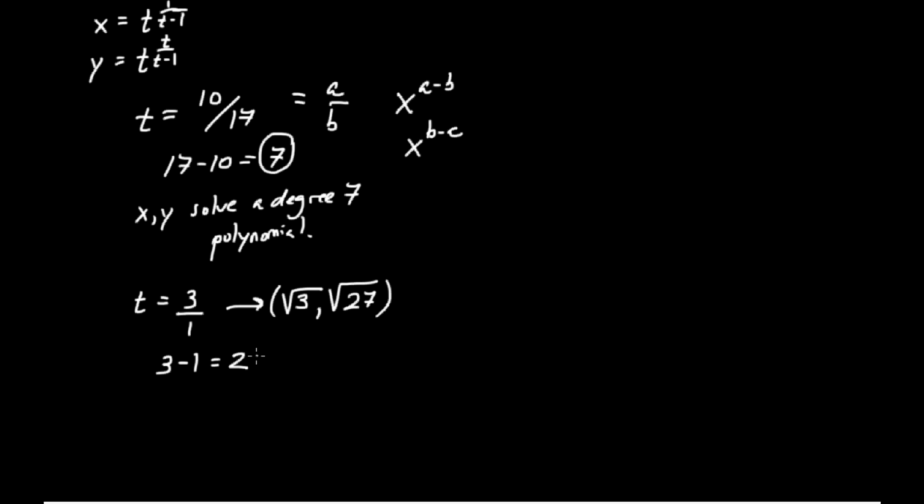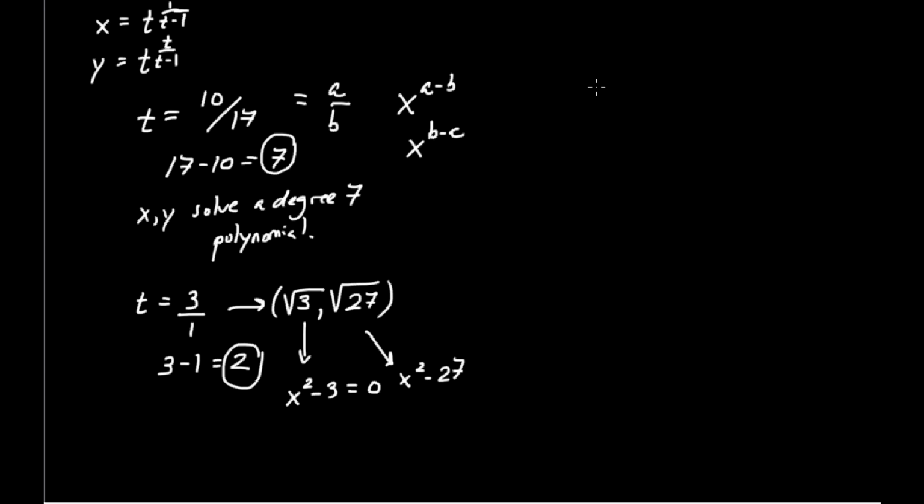Just following this logic, the difference here is 2, and we see that what we get out are indeed square roots. And all square roots solve a degree 2 polynomial equation. In the case of square root of 3, it's the root of this polynomial, x squared minus 3 equals 0. And in the case of square root of 27, that's x squared minus 27.